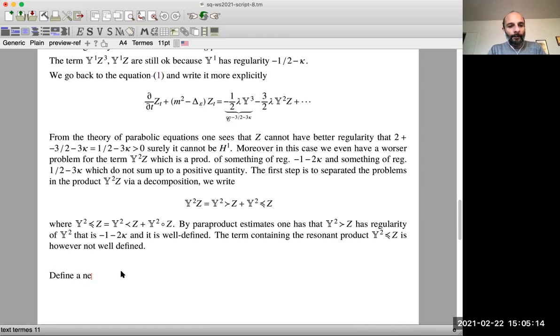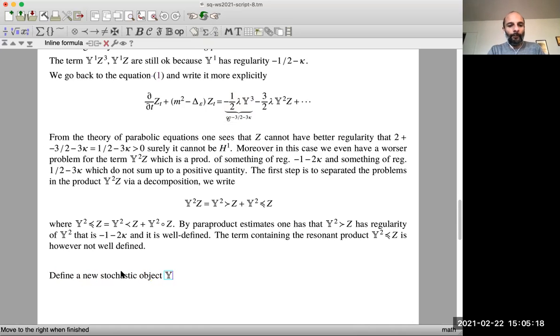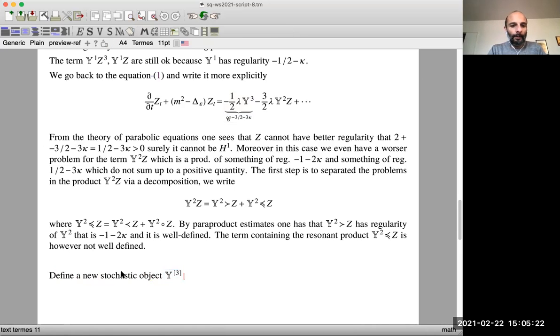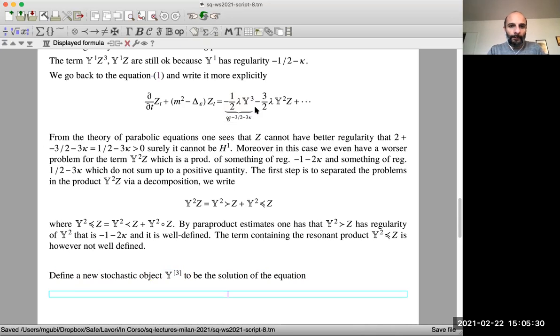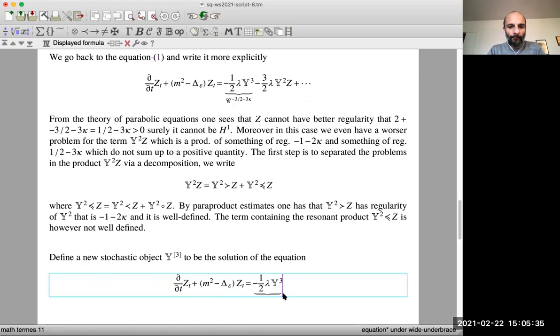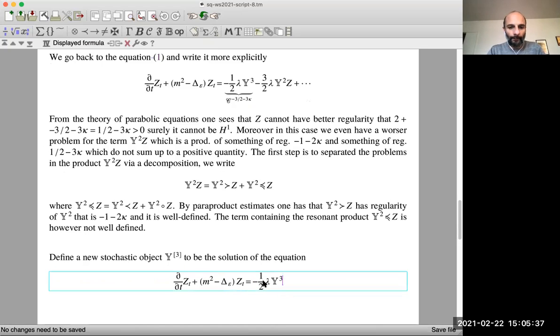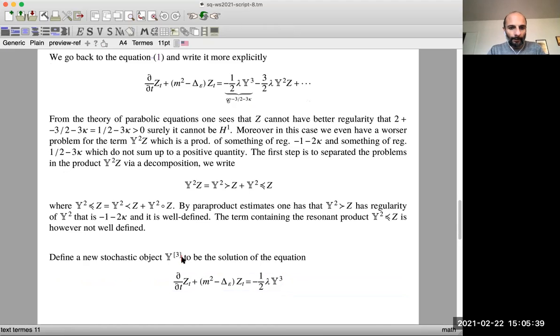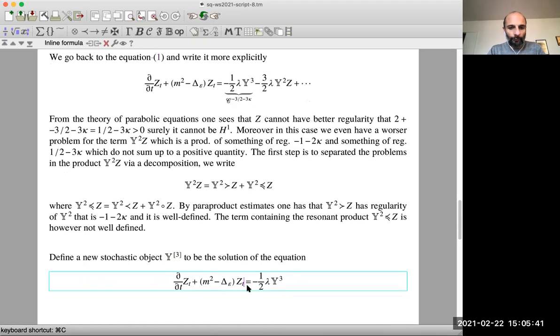Define a new stochastic object, and let's call it, with this notation, y3, to be the solution of the equation. So now I want to get rid of this, and to get rid of it, it's easy. You just solve an equation where there is this term and you call it in this way.